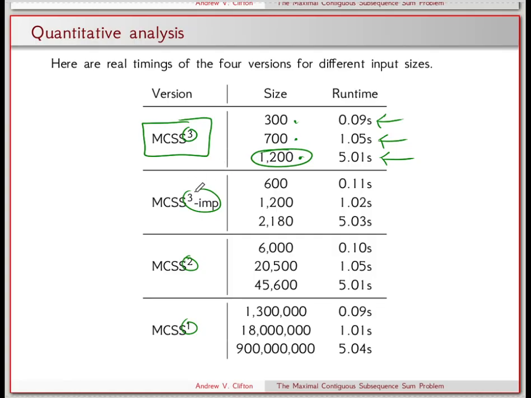Our improved version almost doubles things here, right? So now in 1/10 of a second, I can do 600 things. In 1 second, I can do 1,200 things. And in 5 seconds, I can do about 2,100 things. So these numbers are approximately 2x of the original cubic version that we had up above.